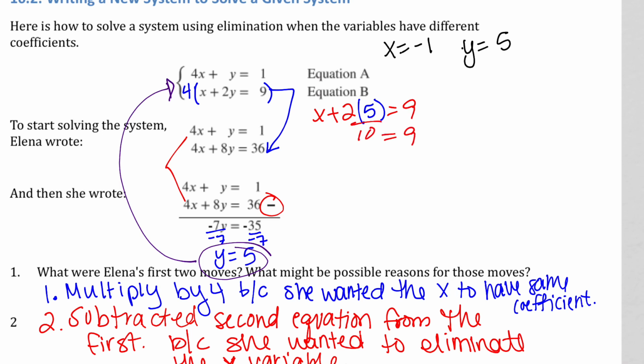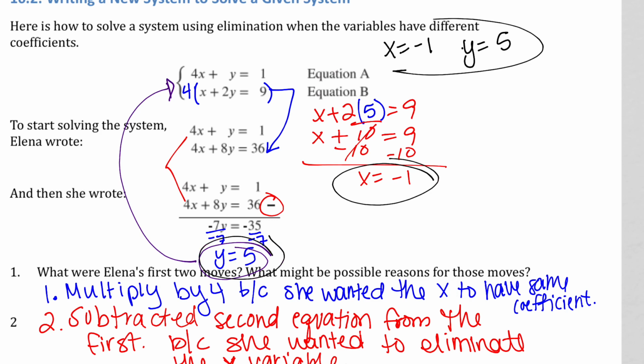I'm going to drop down everything else. Subtract 10 from both sides and get x equals -1. So I got my two variables that I was looking for, what it has on the other side. So that would prove that those are the solutions.